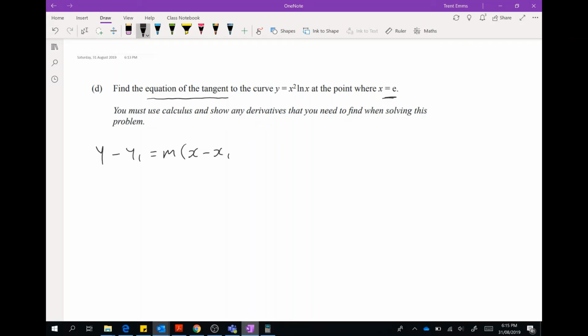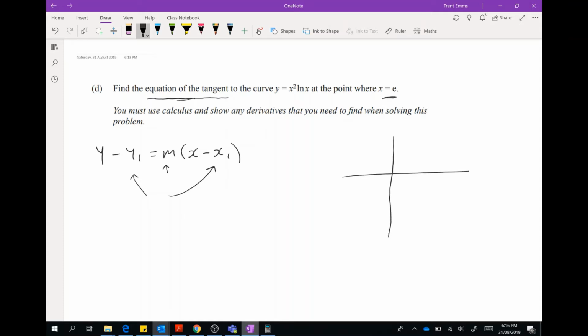So to get the full equation of the tangent, the three things we need are the gradient of the tangent line at the point where it touches the curve, and also any coordinate x, y on the tangent line itself, on the straight line. So just have a wee sketch and visualize what's going on here.